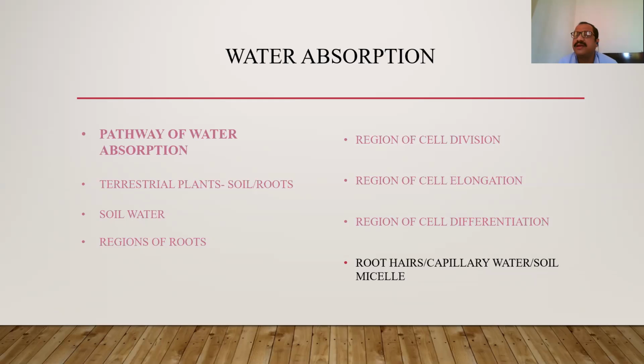These root hairs are nothing but single cells. These are epidermal cells, extensions of epidermal cells, and these root hairs are in direct contact with the capillary water, which is present in the form of a thin film around the soil particles. So this region of cell differentiation is also called as the region of root hairs.